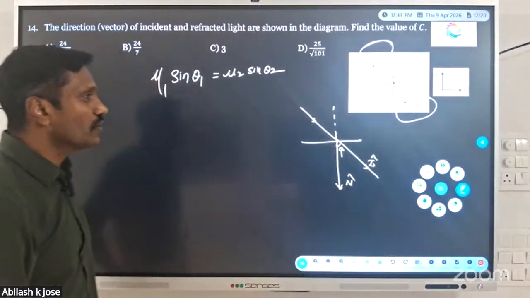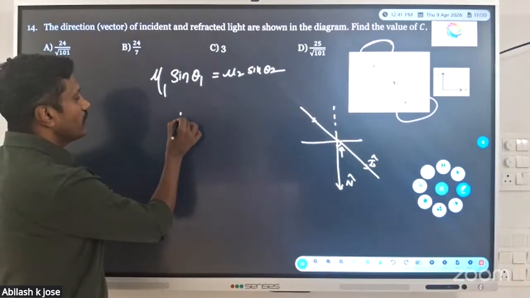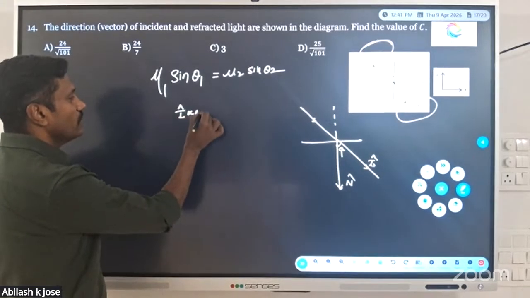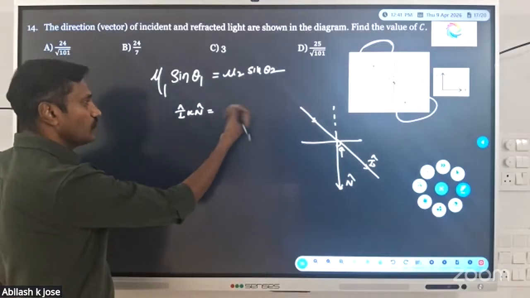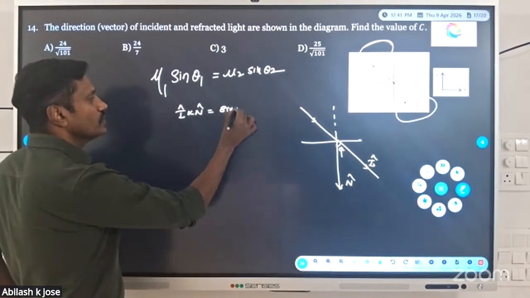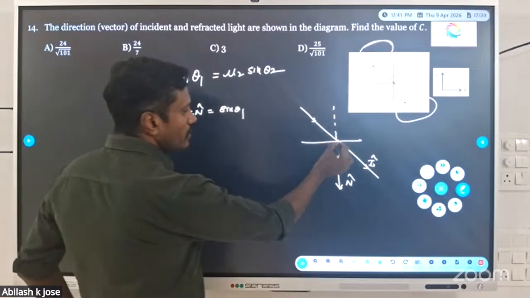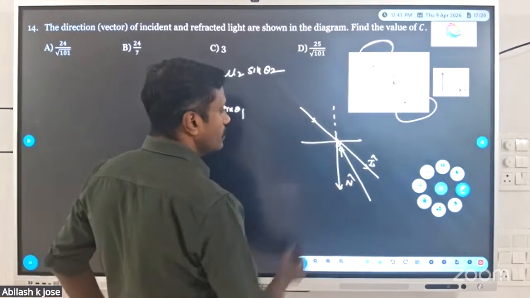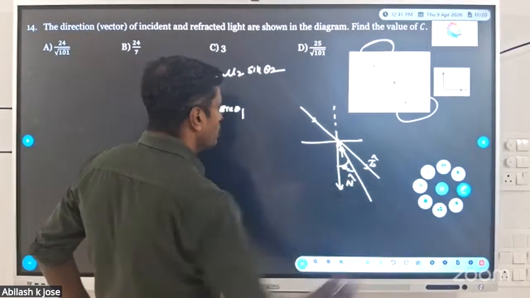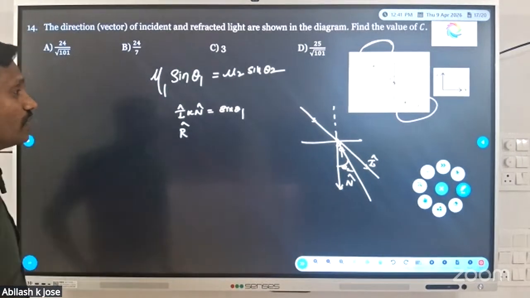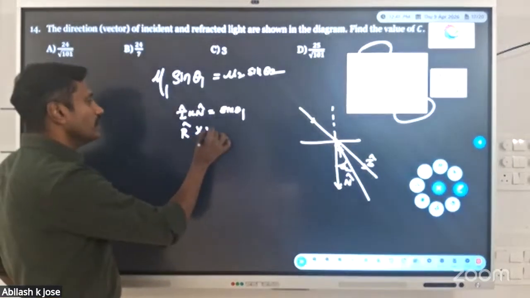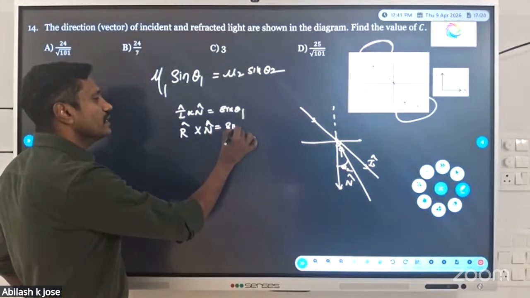So now we can write I cap cross N cap has magnitude sin theta 1, since N cap is a unit vector. Similarly, let us say this is the refracted ray. R cap is the unit vector along the refracted ray, and R cap cross N cap gives sin theta 2.